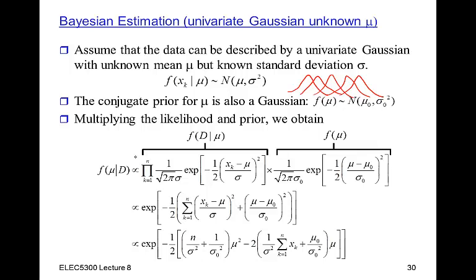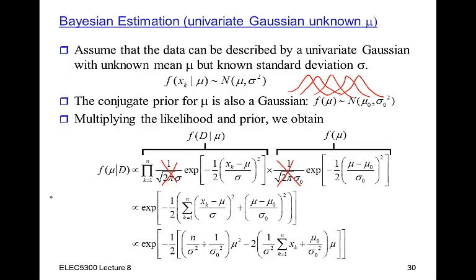Now when we combine all of this information in the multiplication, we really only have to worry about the terms that contain mu. We don't have to worry about these other terms, especially because they enter multiplicatively, so they just contribute to the constant of proportionality.